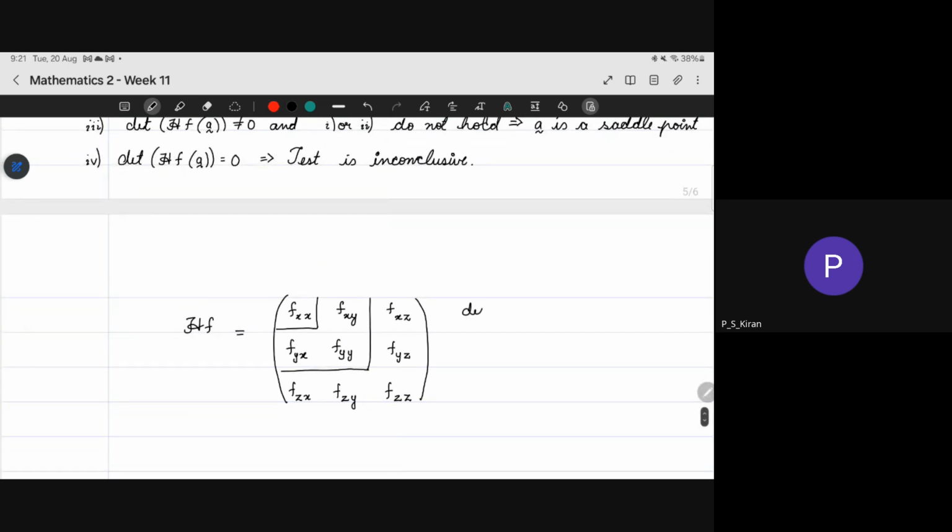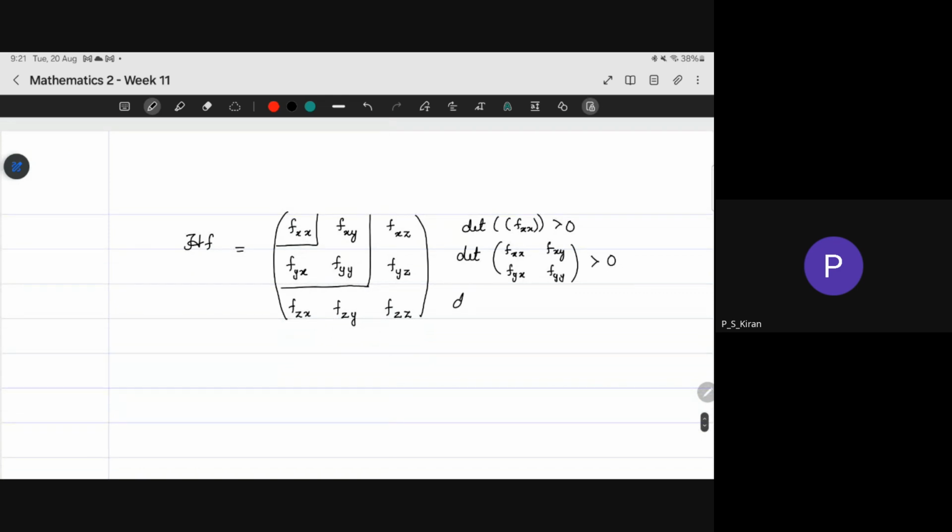You have the determinant of, let's say, fxx to be greater than 0. Then the determinant of fxx, fxy, fyx, fyy also has to be greater than 0. Then you have the whole thing, the determinant of the Hessian at the point.